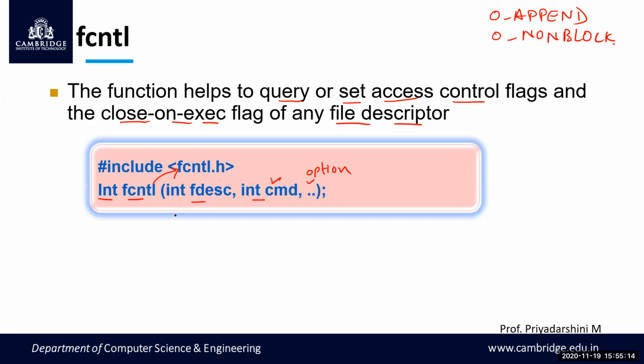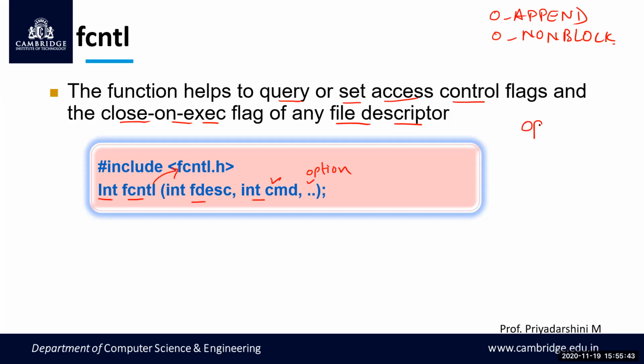As we already studied, only the open API has a path name as the first argument. The open API will return a file descriptor. After the open API, any kind of API that you operate on the file will use a file descriptor. If you want to operate on disk files, the file must be opened first.